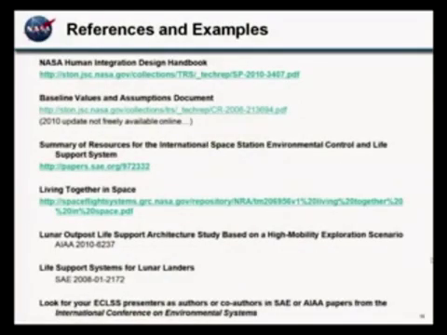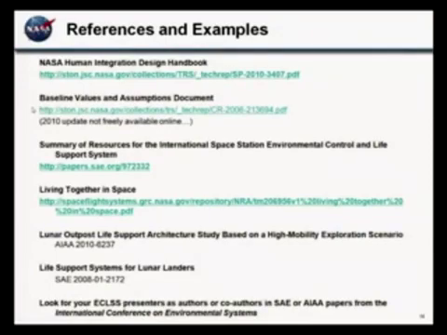I'm not sure how much detailed work everybody is doing here. I'm going to go through some of these. I'm not going to go through the documents, obviously. This Human Integration Design Handbook is a really great resource. It's publicly available for people to get into. The Baseline Values Assumptions document is something that my team has published that goes into more information about designing the life support system versus just what does the human need in and out.